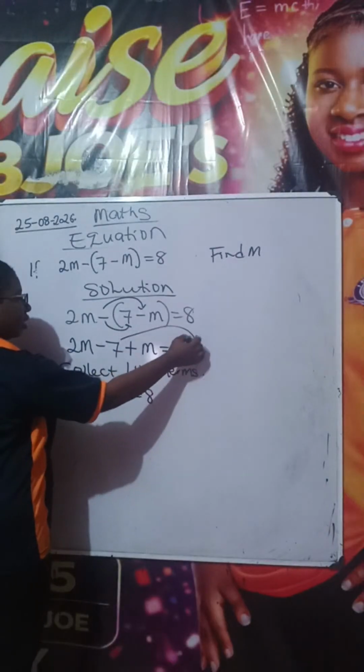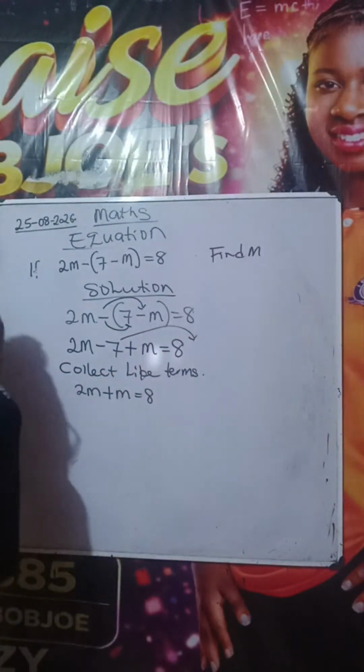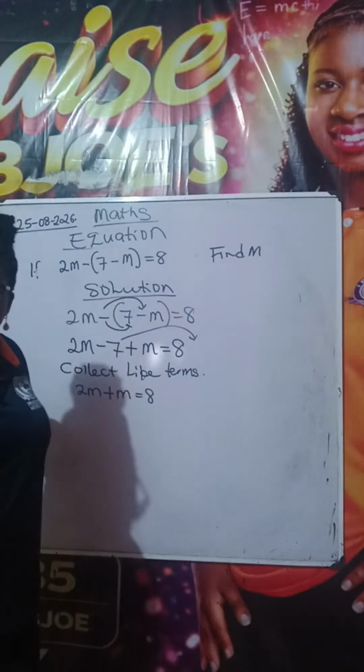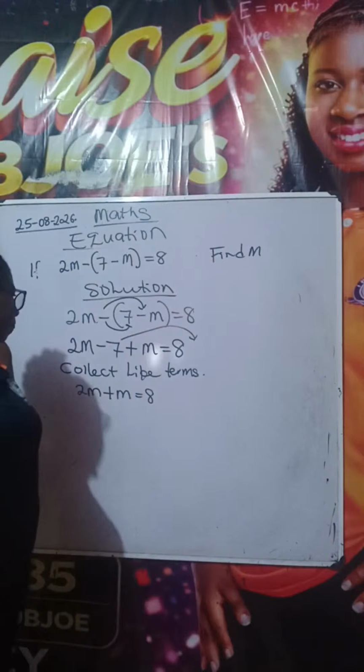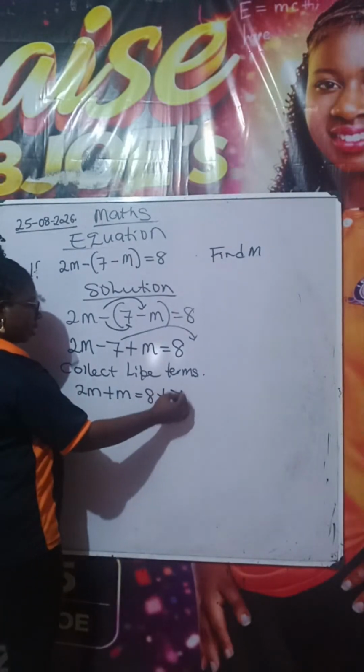Move this 7 to this side. When you move 7 to the right, will it be plus or minus? So it's going to be plus 7.